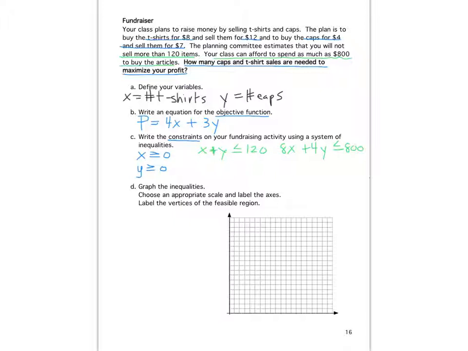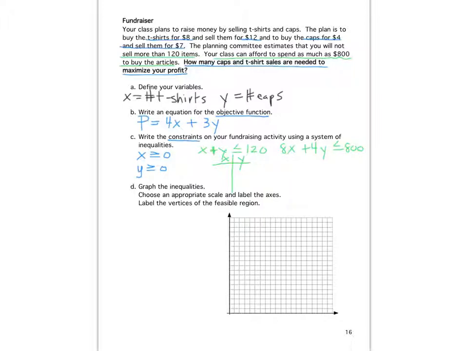All right. Now you have your constraints, and your job is to come and get the inequalities graphed, and also in the course of doing that to get yourself a scale for your axes and label your vertices. All right, so what we can do here below our 2 inequalities, since they're both in standard form, we can set up our x and y intercepts.